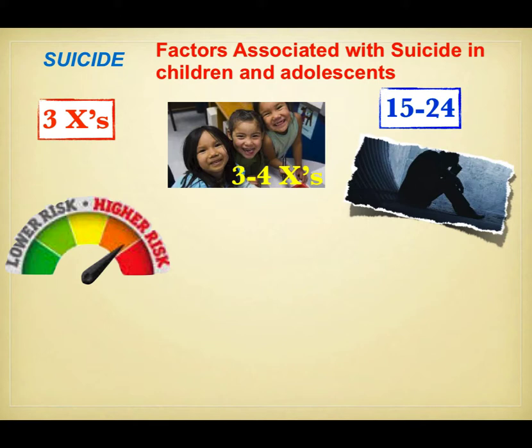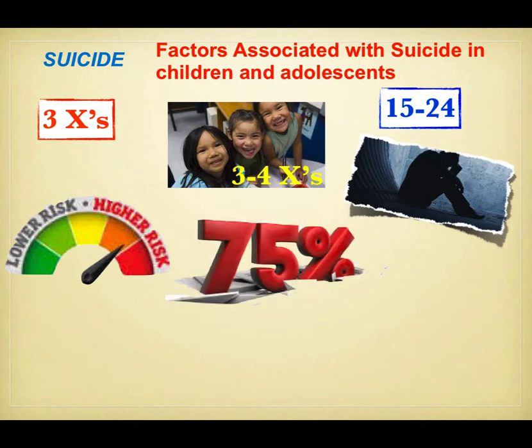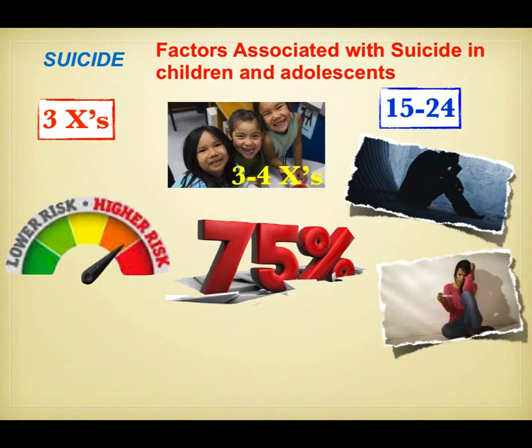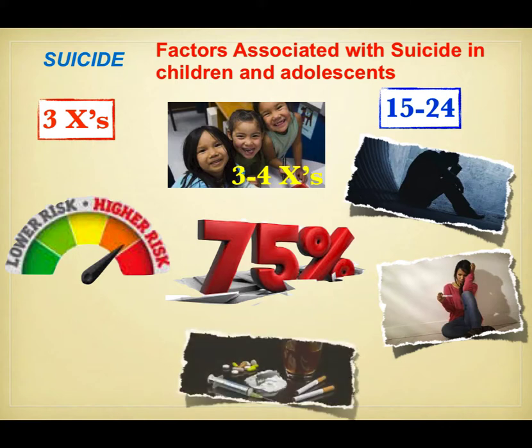75% of adolescents who attempt suicide have family problems, whether this is instability, abuse, or loss of a parent through divorce or death. Stressful events like unwanted pregnancies, the breakup of a relationship, or being arrested can play a role. Substance abuse by the adolescent or a family member can influence suicide attempts.